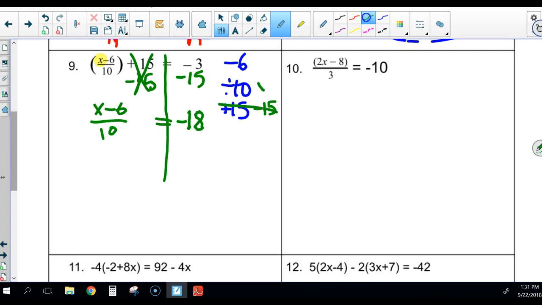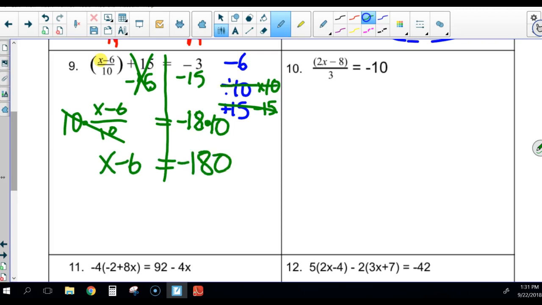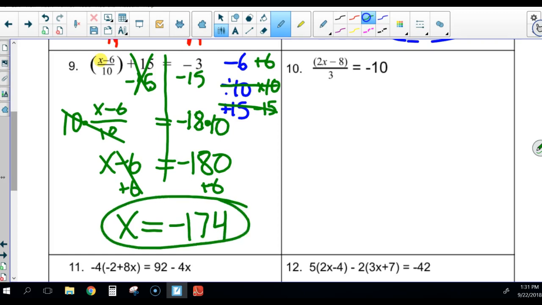Now I'm going to multiply by 10. So 10s cancel out. X minus 6 equals negative 180. Good there. And then finally add 6. And we have x equals negative 180 plus 6, negative 174. Careful with your negative signs.